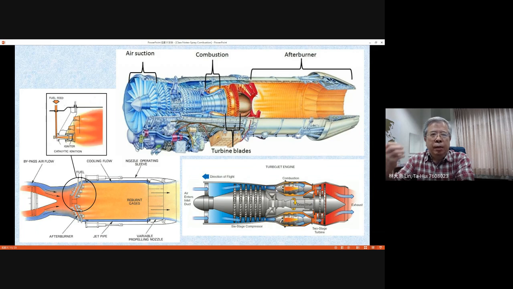We already applied certain energy to increase the pressure of this air, but it does not participate in the combustion process.